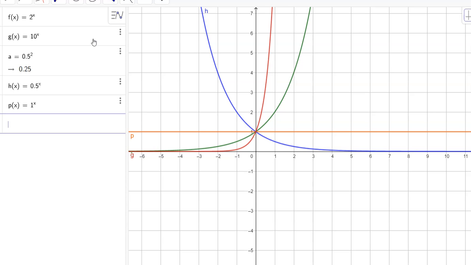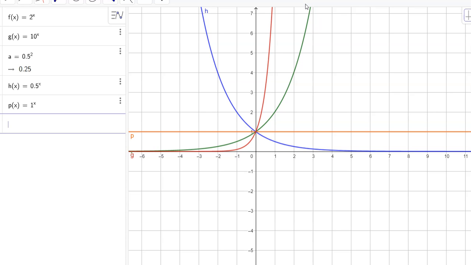So you see, if the base is larger than 1, then the curve will go up like the green and red ones, and the higher the number, the more steeply. And if the base is lower than 1, it will go down. So these are different examples of exponential functions.